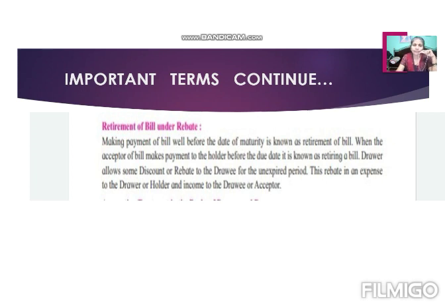For example, if the bill is of rupees 8,000 and the drawee makes the payment early, then the drawer may give him some concession: pay me 7,500 only. The 500 concession is given by the drawer. So 500 is an expense for the drawer and 500 is income for the drawee.